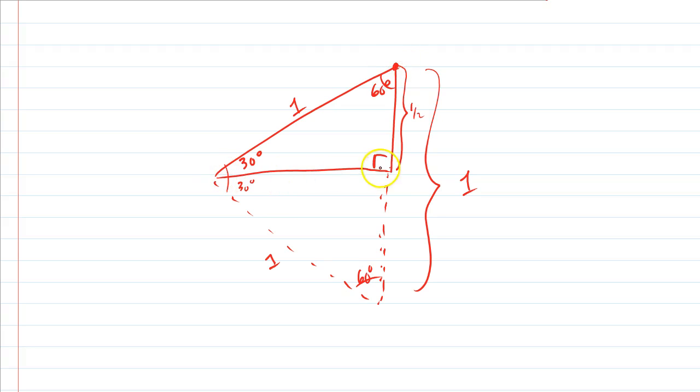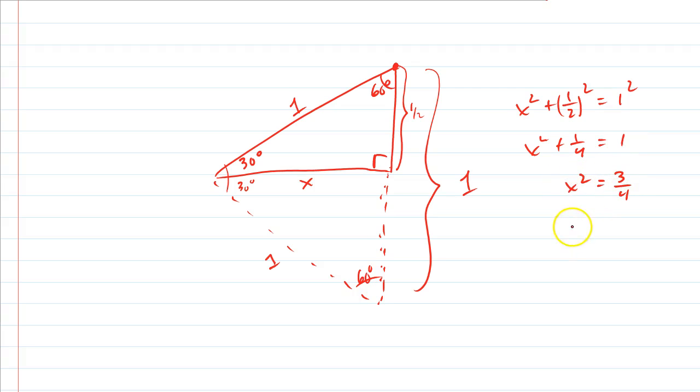Now how would we find the width? Pythagorean theorem. X squared plus 1/2 squared equals 1 squared. 1/2 squared is 1/4. I subtract 1/4 on both sides, and I end up with 3/4.